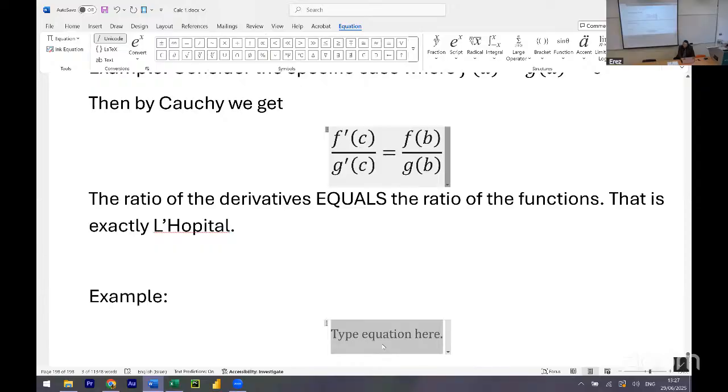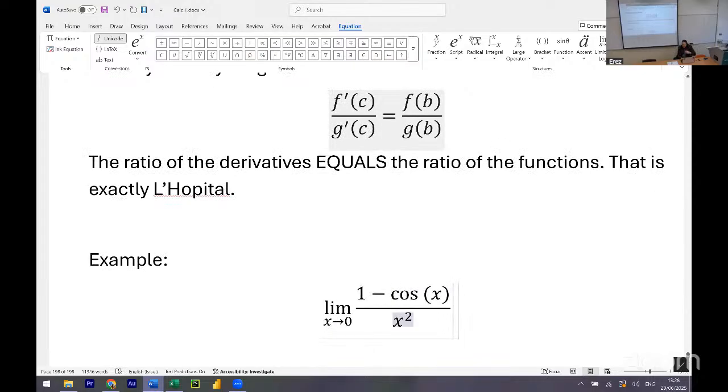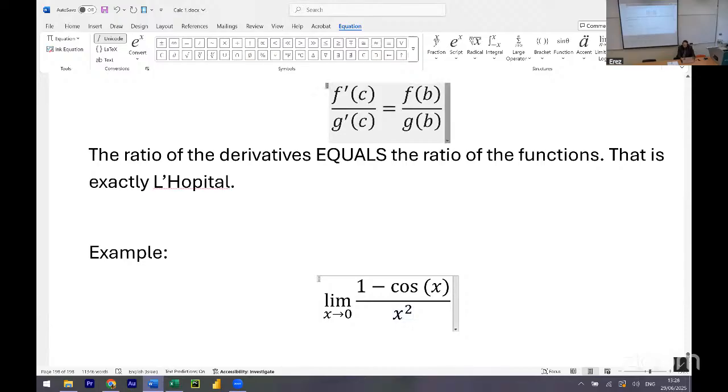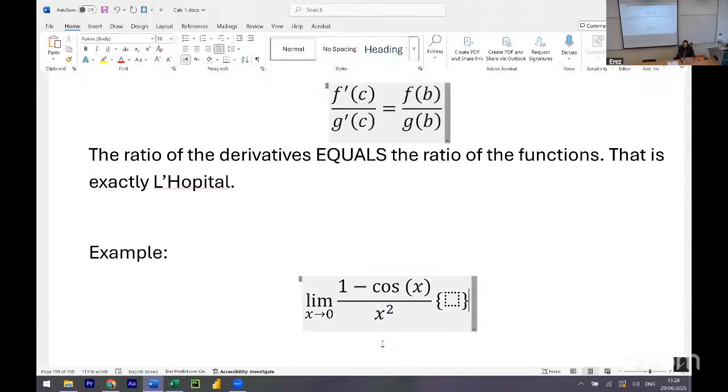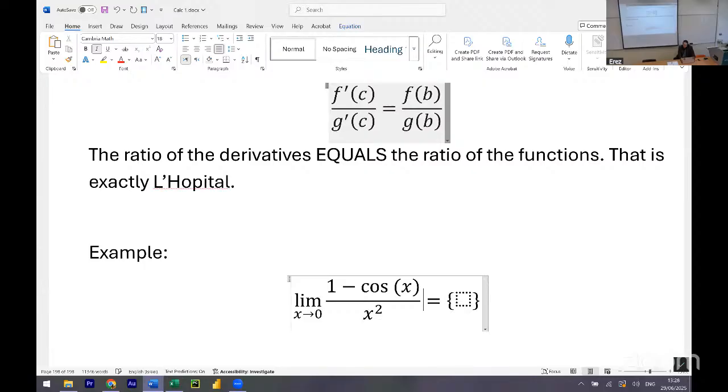Consider the limit as x goes to 0 of 1 minus cosine of x over x squared. So the numerator goes to 0. The denominator goes to 0.